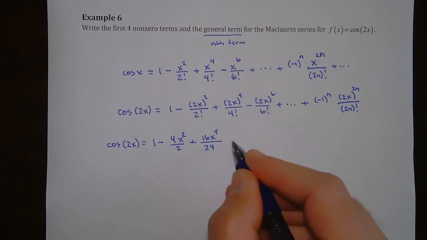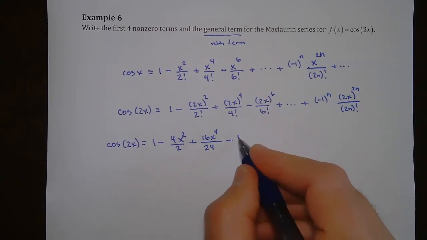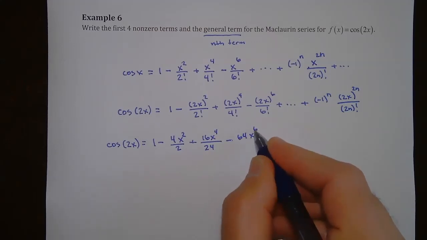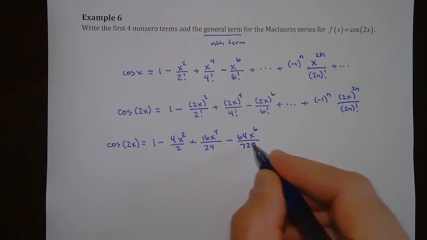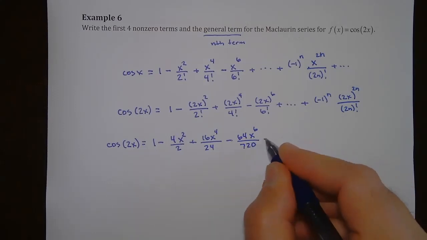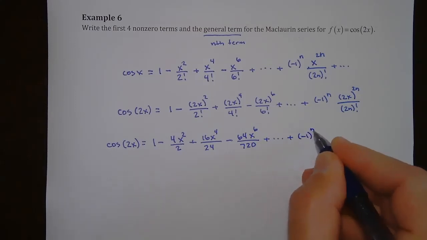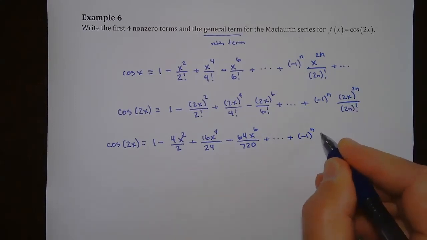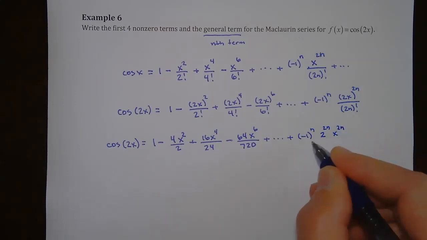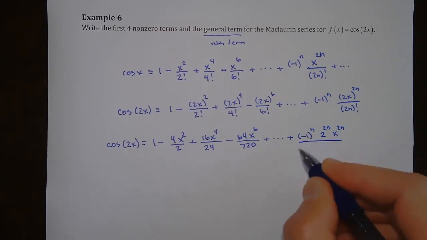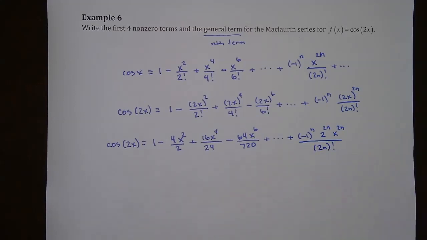And then minus 2 to the 6th, which is 64, x to the 6th over 6 factorial, which is 720. And then plus dot dot dot, plus -1 to the n, and this becomes 2 to the 2n, x to the 2n, all over, and you can do it all over, or you can put the -1 out in front, 2n factorial.